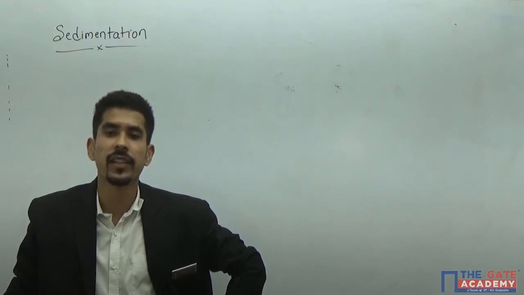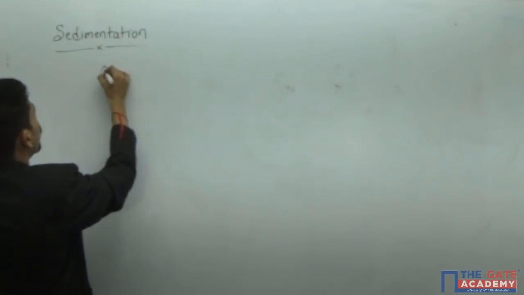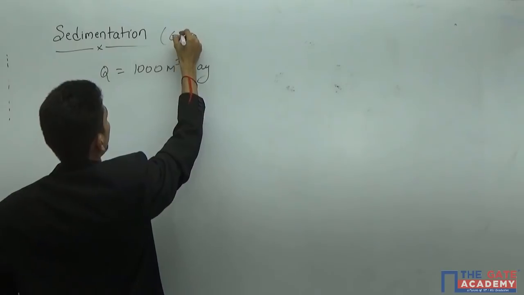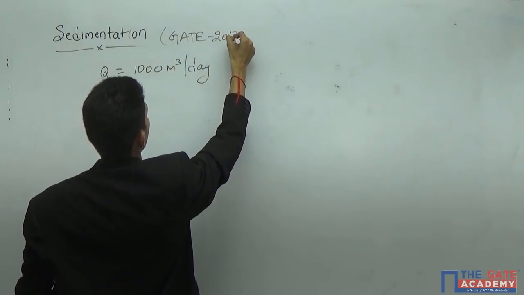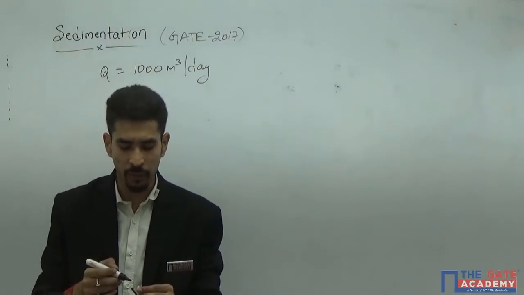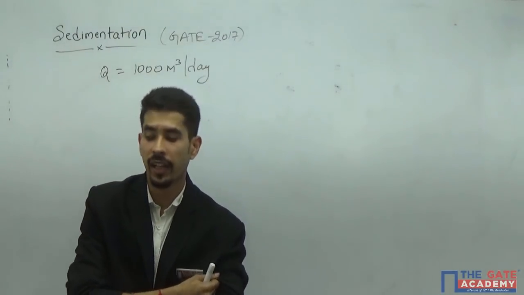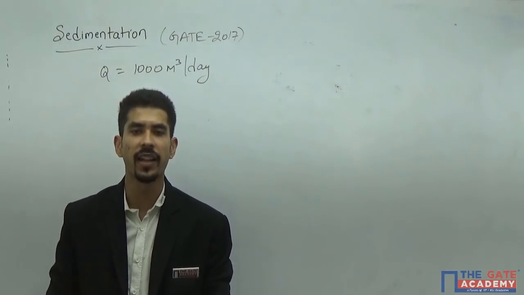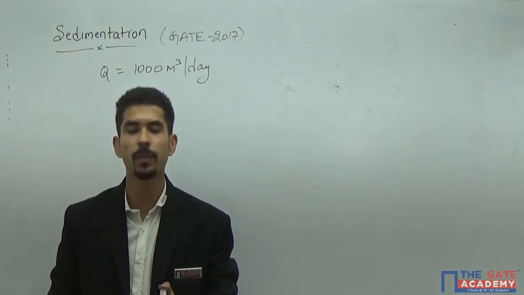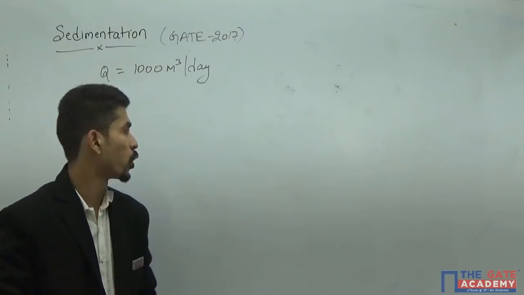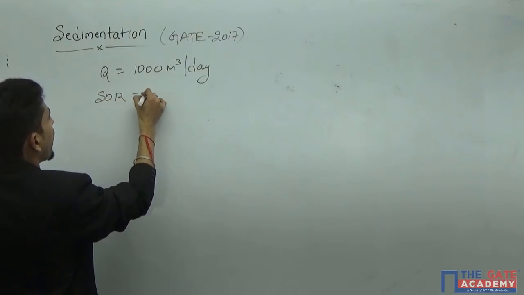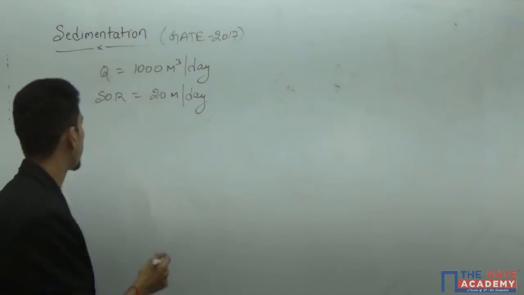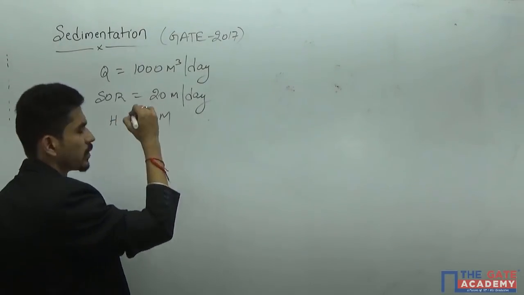He has given Q equal to 1000 meter cubes per day, and it says it is found that the surface overflow rate of 20 meters per day will produce a satisfactory removal of discrete suspended particles at a depth of 3 meters.